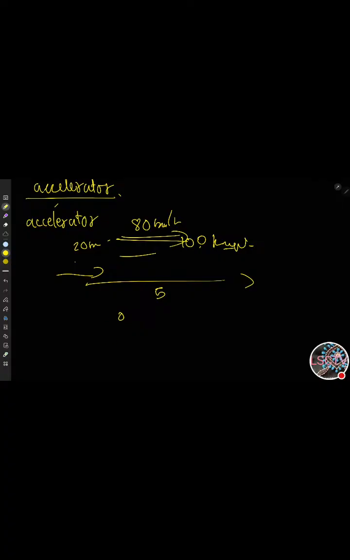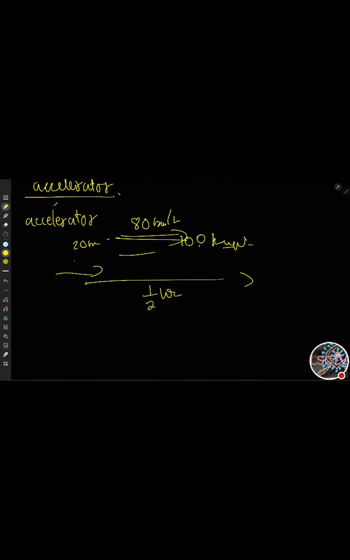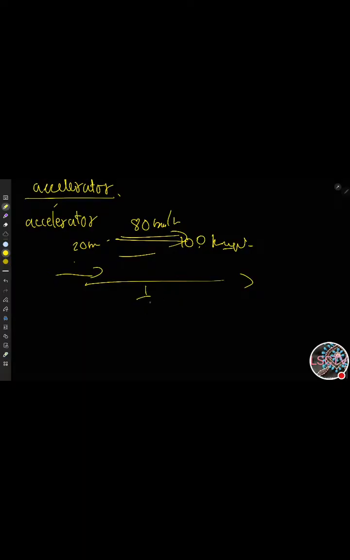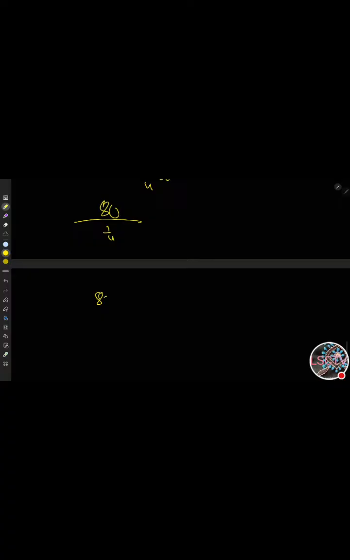Then it's going to be a contradiction. I don't want to make you confused about units right now. First, wait. I'll say 1 by 2 hour. 1 by 2 hour is too much. 1 by 4 hour. Okay. So 80 by 1 by 4, which is 80 into 4 by 1, which is 320 kilometer per hour square.